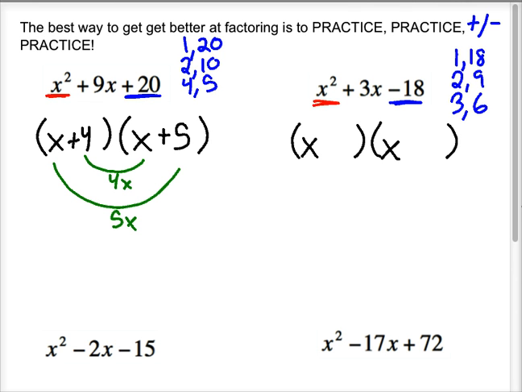Okay, so I need to keep that in mind as I'm doing this. Now I'm shooting for a positive 3x. All right, so I need to pick the combination, one being positive, one being negative, that will lead to a positive 3.